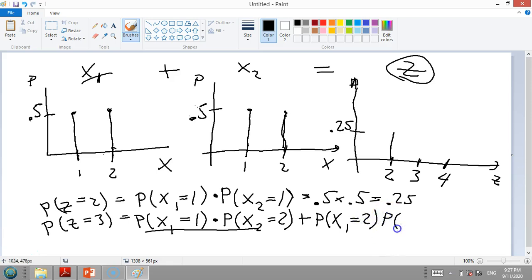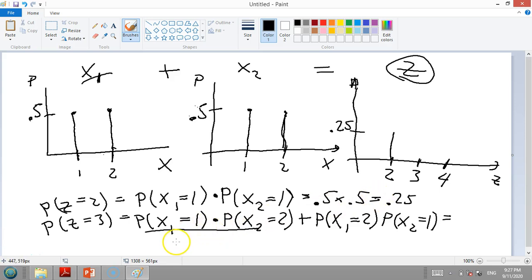Times probability x2 equals 1, like this. And this is the percentage chance that I get a 2 and a 1. This is the percentage chance of me getting a 1 and a 2. Does that make sense?